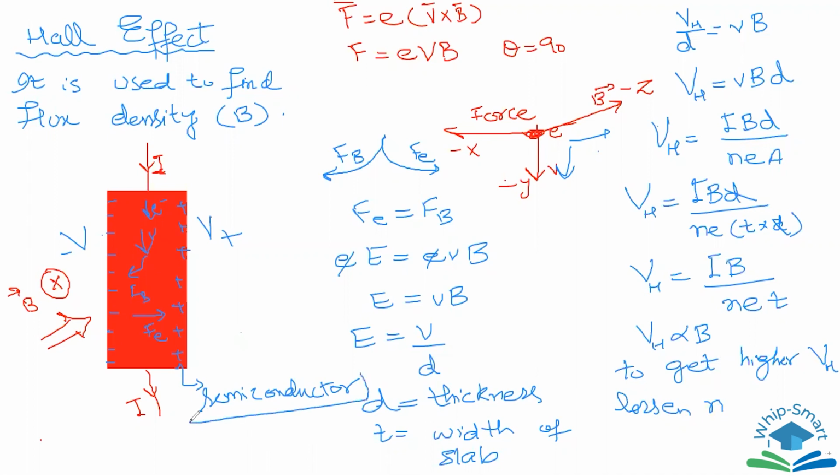For that purpose, we already use a trick of a semiconductor, which has fewer charged particles. And also the thickness T of the slab should be small to get a higher value of voltage. So from this equation, we can find the value of magnetic flux density or Hall voltage, or even the current or thickness and number of electrons, all quantities that can be calculated from the question.